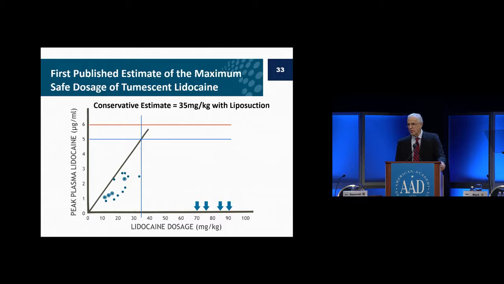And this dosage limitation was published in 1990 in Dermatologic Surgery and Oncology, and that more or less established tumescent liposuction as a safe procedure, and it sort of ended the initial phase of the history of tumescent liposuction.